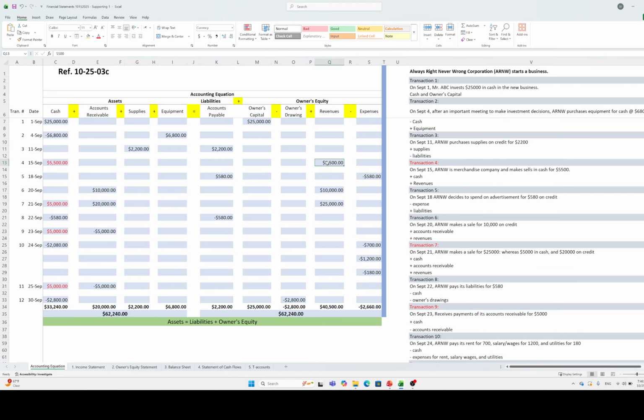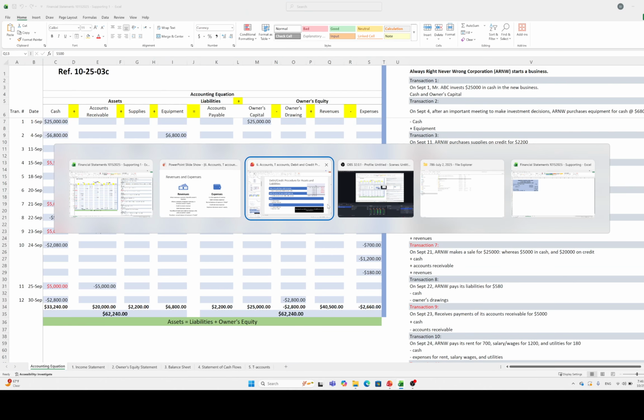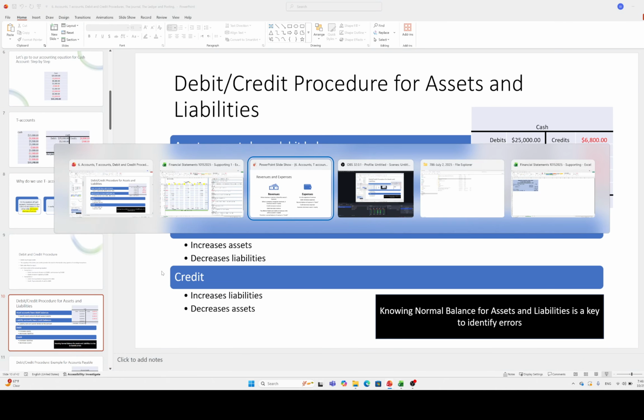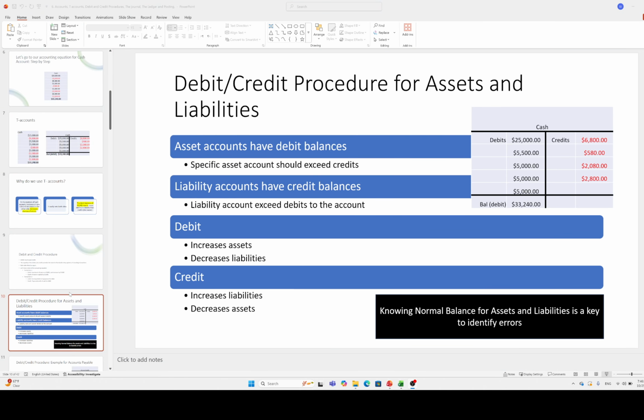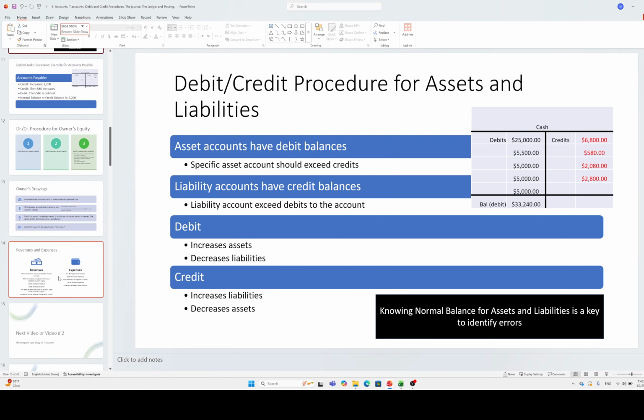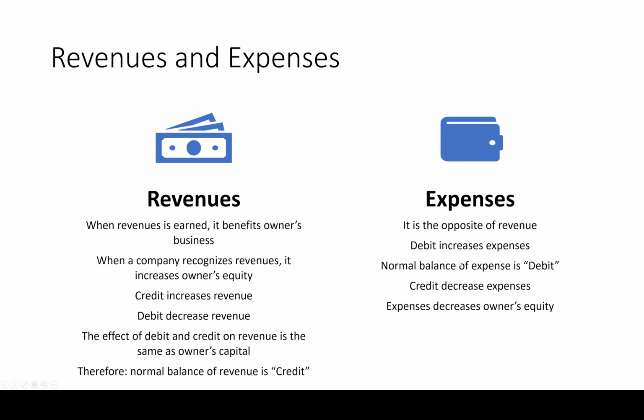When we have sales, the revenue account is credited, and credit increases revenue and debit decreases revenue. So when you have a balance on revenues, that means the sum of credit transactions is more than the debits. That's what it means.